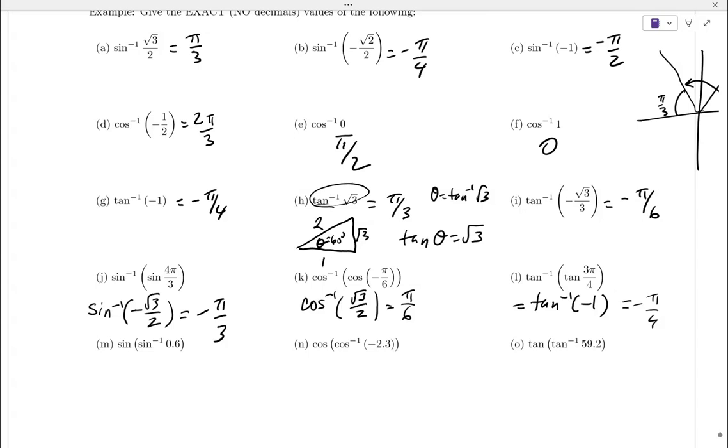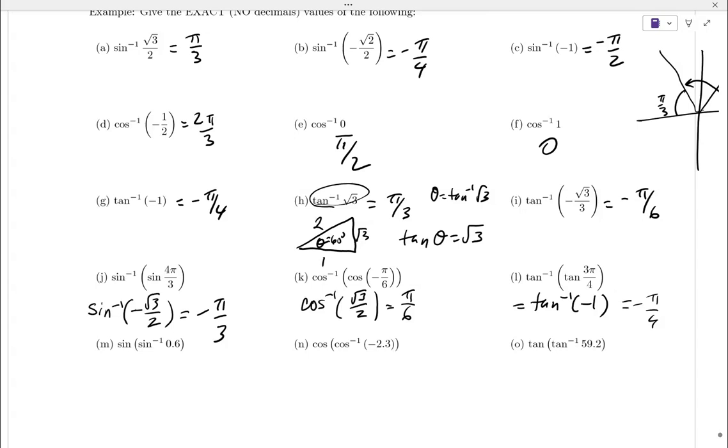Down here is sine positive or negative? Negative, right? For inverse sine, I need to be in one of these two quadrants. Is it 1 or 4 if the sine is negative? 4. And I've got to go this way. So what angle are we talking about? Negative pi over 3.